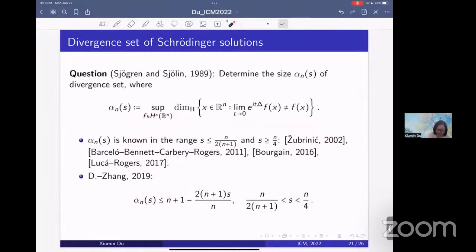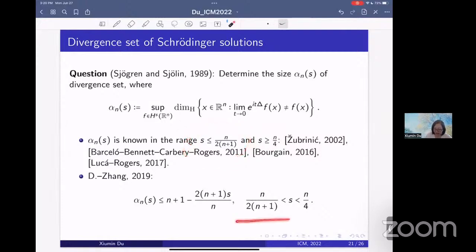Okay. By the works of these authors, alpha n of s is known if s is large enough or small enough. If s is large enough, the solution converges everywhere, so alpha n of s is 0. And when s is small enough, the pointwise convergence fails. So the divergence set has positive Lebesgue measure, and alpha n of s equals n.